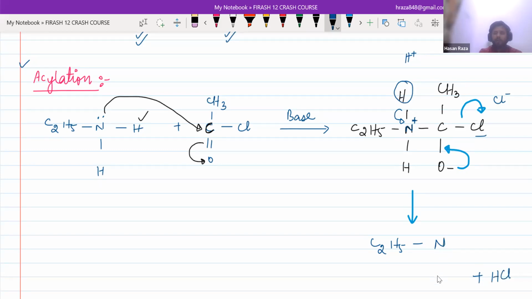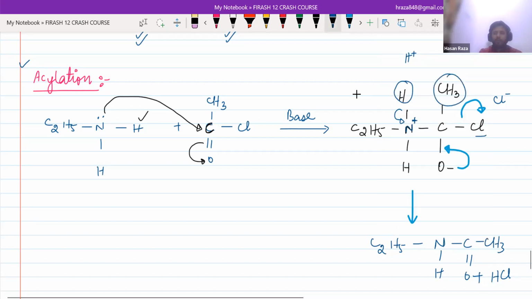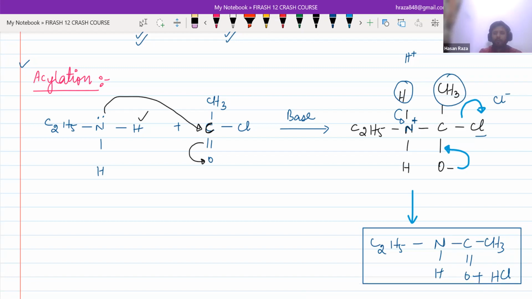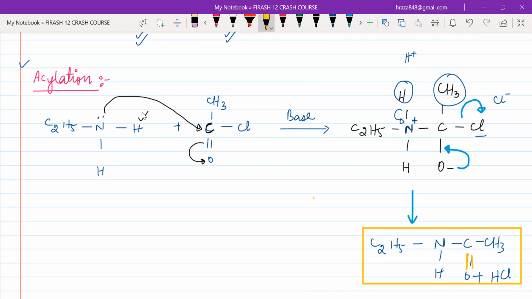Now what we will have is NH. Now this will be C double bond O, and then CH3. This CH3 I'm going to write. So this is what you have got, which is very easy. Okay, and you can see this is your amide. NH, C double bond O, which is an amide.